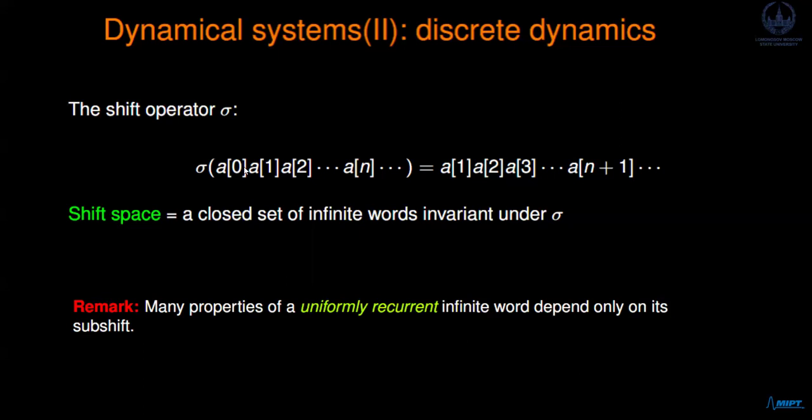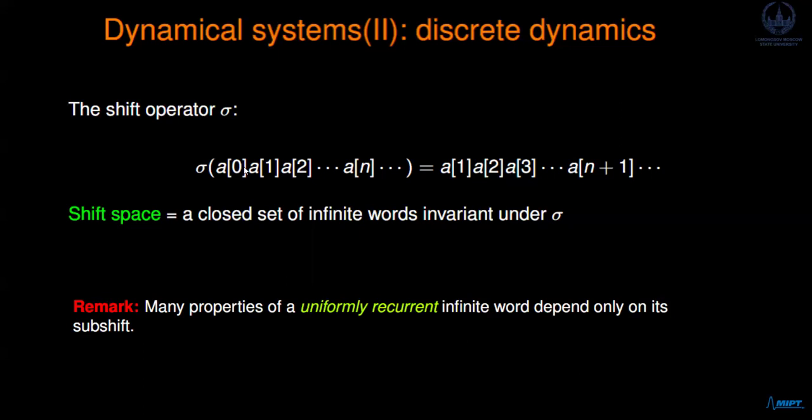So let's have one remark. An important property in this context is uniform recurrence. A sequence or word is uniformly recurrent if every subword, that is, every finite segment of the sequence, recurs infinitely often throughout the sequence.